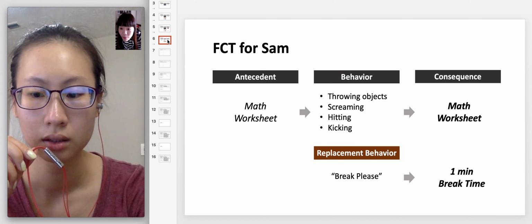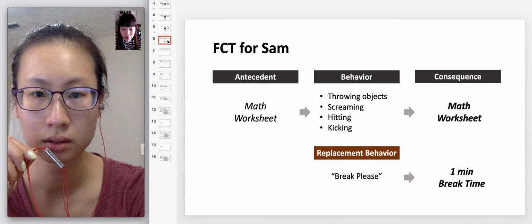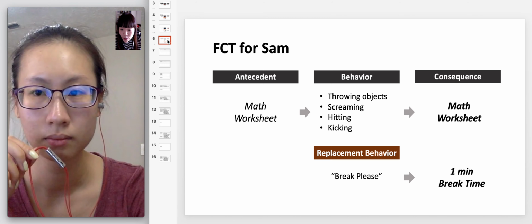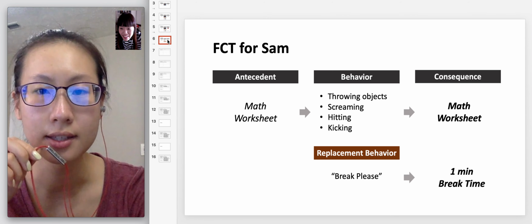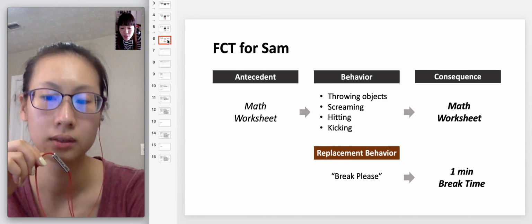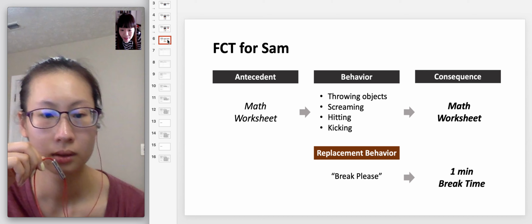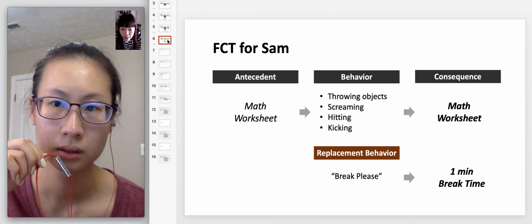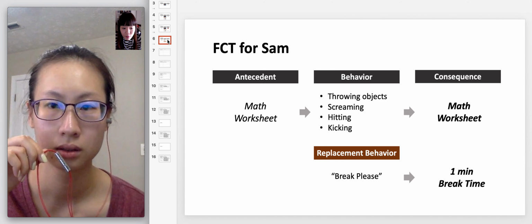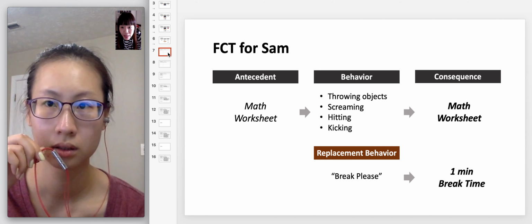Given his verbal ability, you mentioned that saying "break please" is appropriate and does not require a lot of effort compared to engaging in challenging behavior, right? Yeah, I think he can say that pretty easily. Great. So all instances of his challenging behavior will be ignored, and if he demonstrates the replacement behavior, saying "break please," this behavior will be reinforced by having a 1 minute break.